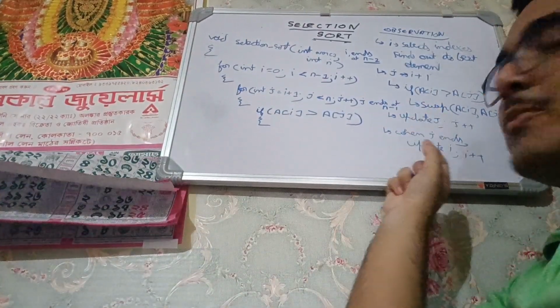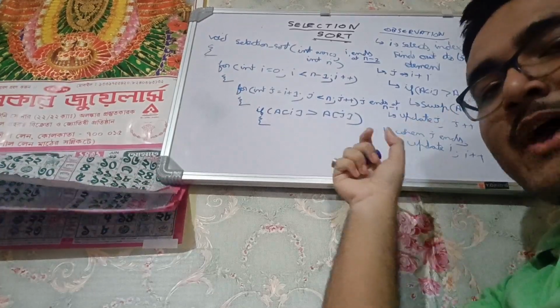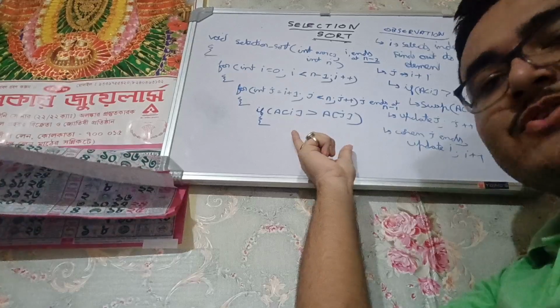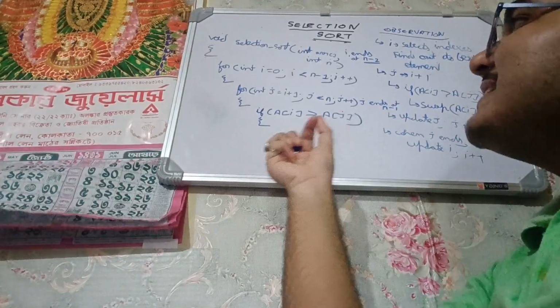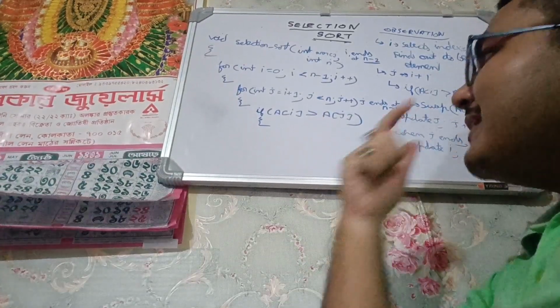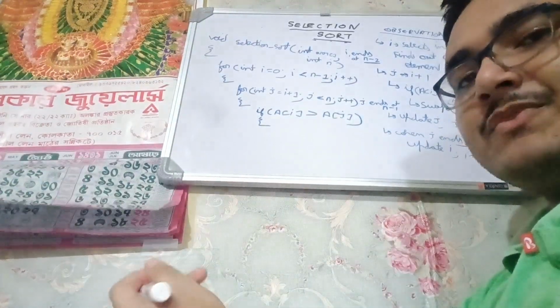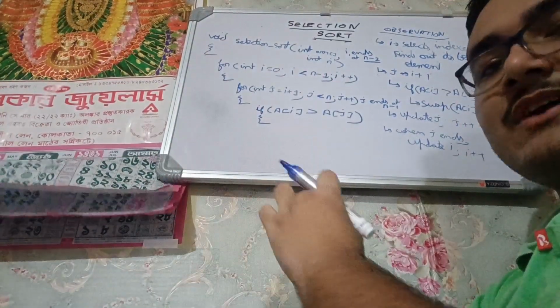Swap a of I comma j. Either you can write another swap function and call it here, but here I am just swapping them using a third variable.